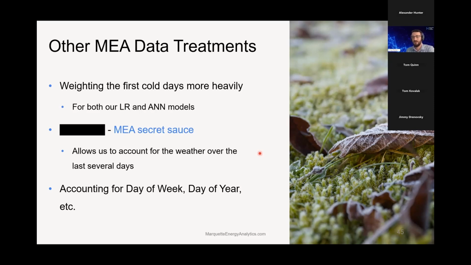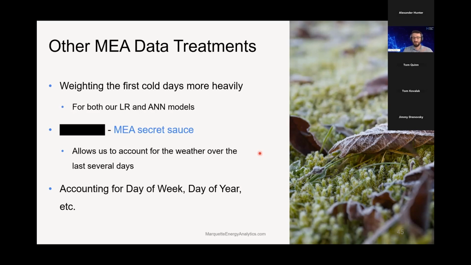In addition, there's a little bit of MEA secret sauce going on here, in a similar way to how my presentation's been redacted a little bit. In a similar way to how we were looking at how yesterday's temperature affects today's demand, we can also look at what 2 days ago's temperature, how is that affecting it?